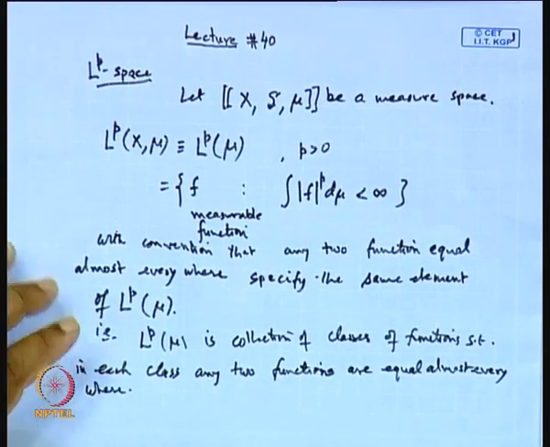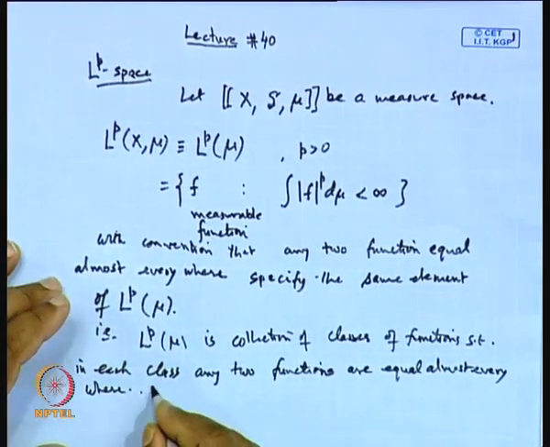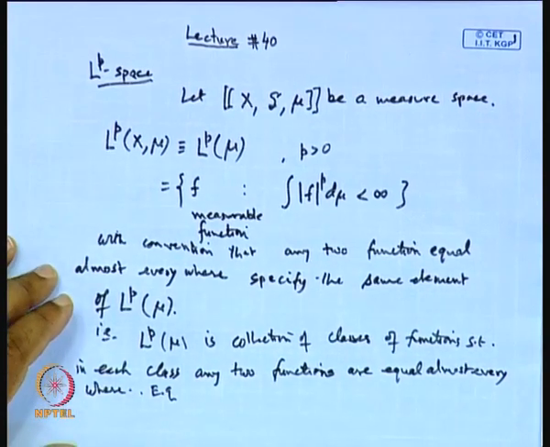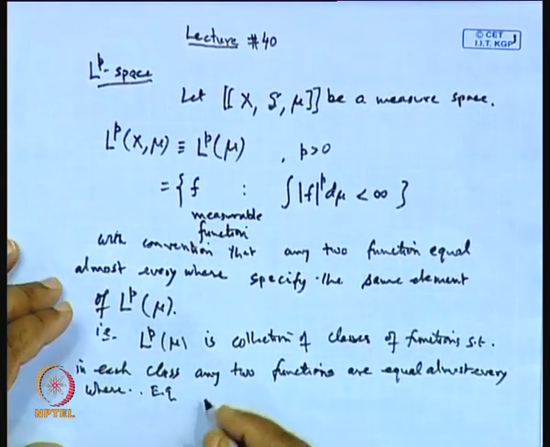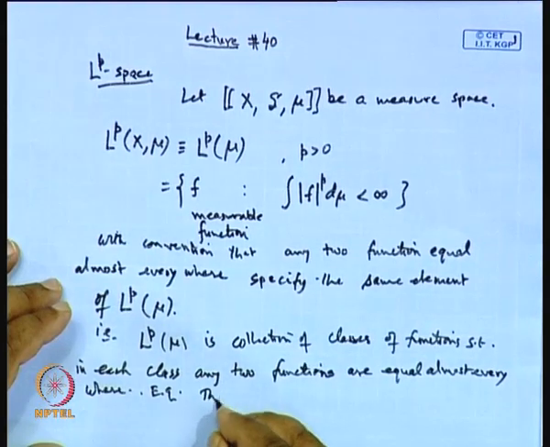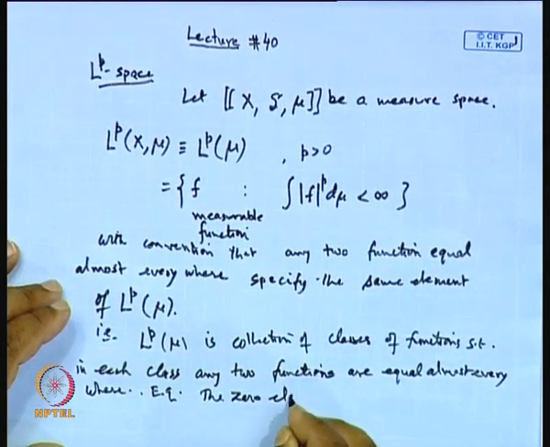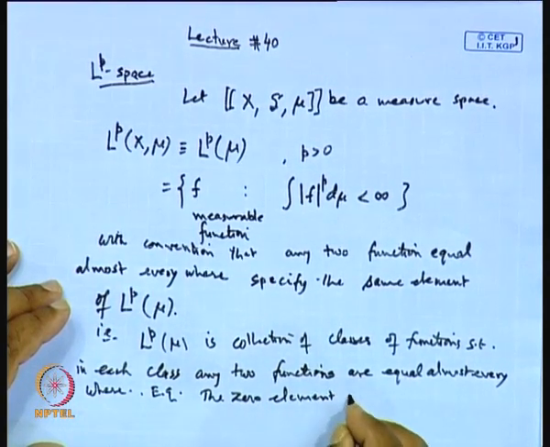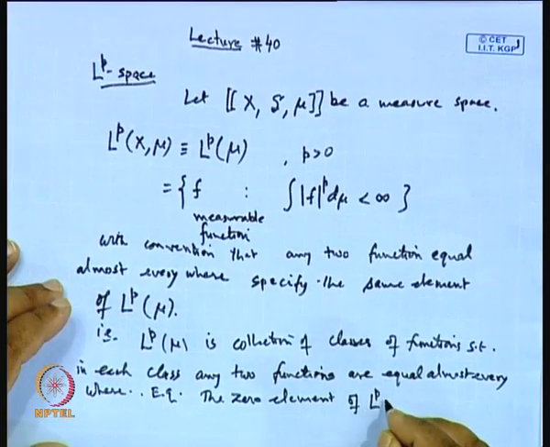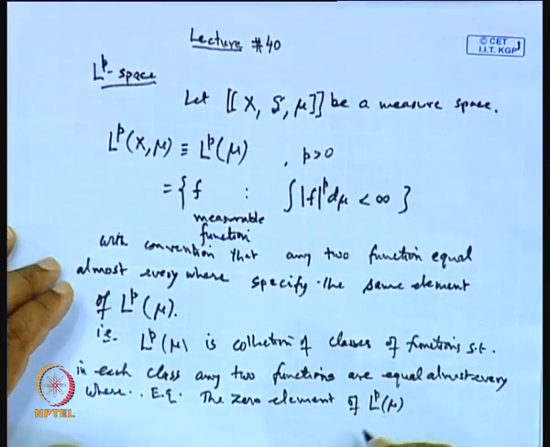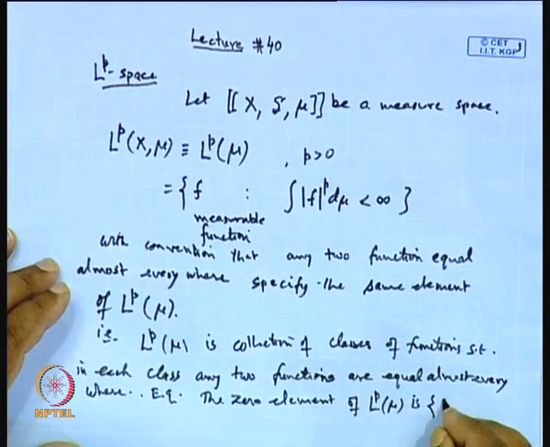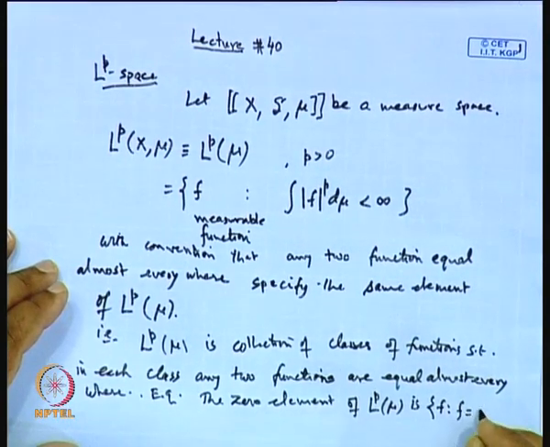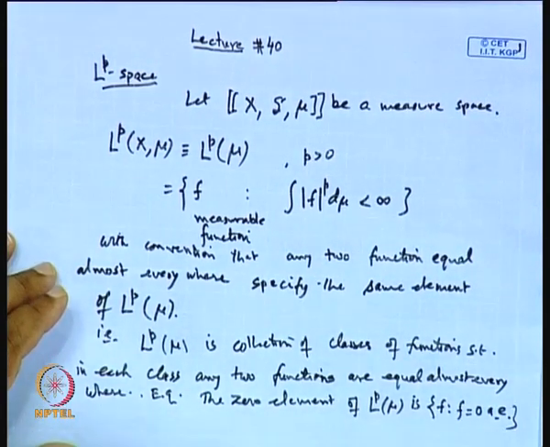For example, the 0 element of LP(mu) is the class of all functions f where f equals 0 almost everywhere.